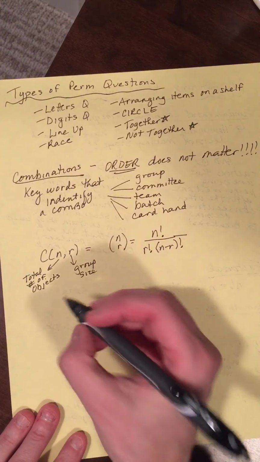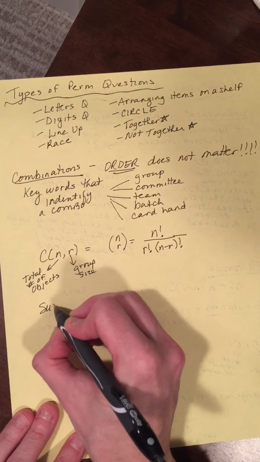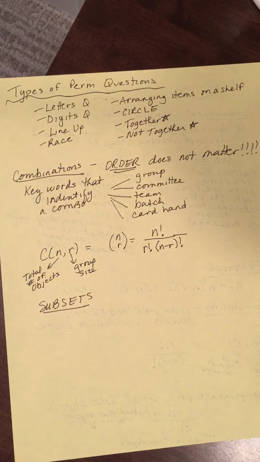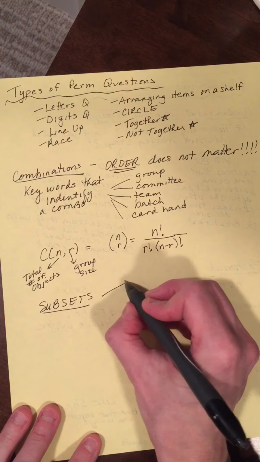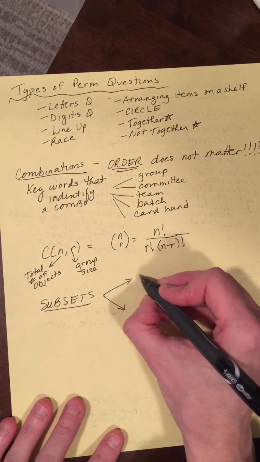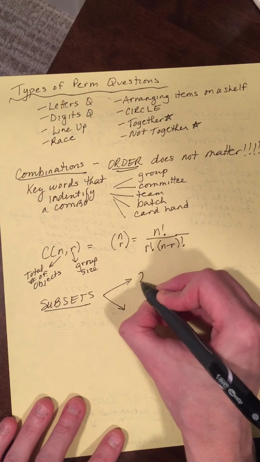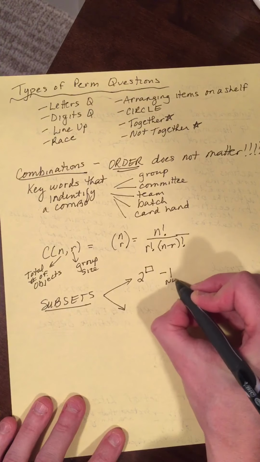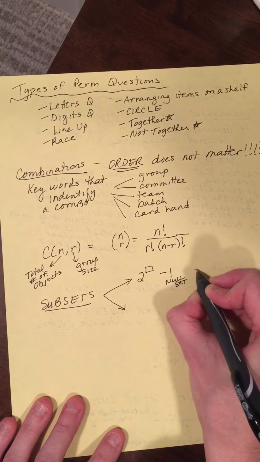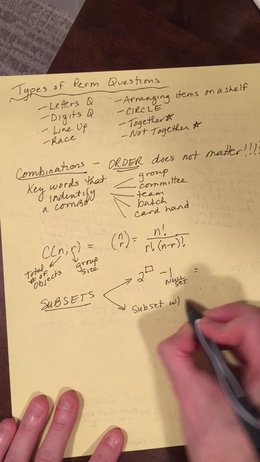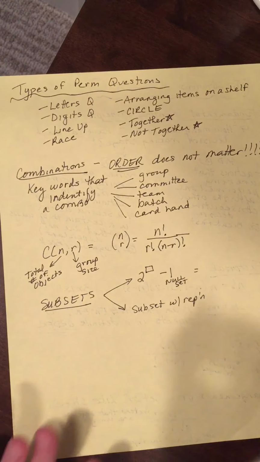In addition to straightforward combinations, we also covered subsets. And there were 2 types of subset questions. The classic subset question where each particular item has 2 choices, and then we remove our null set. And then the subset with repetition question.